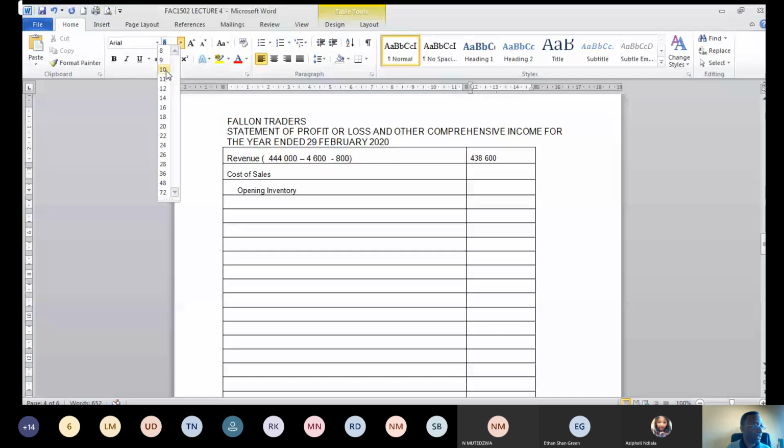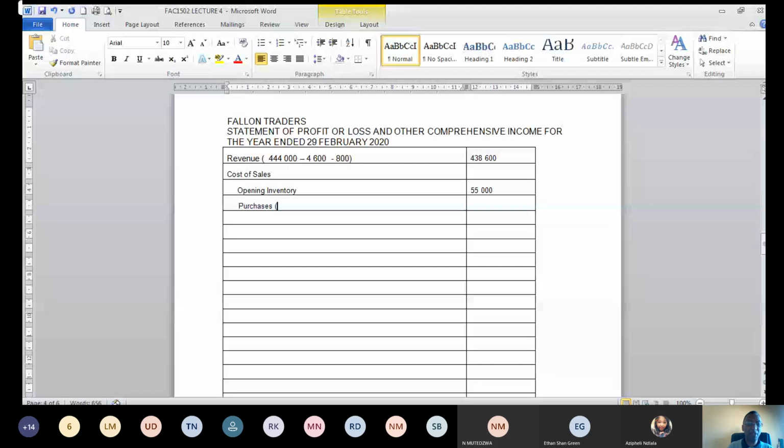So if you go on top there under your balance sheet account section, you will see there that the inventory on the 1st of March was indicated as 55,000 Rand. To that, you are going to add your purchases for the financial year.